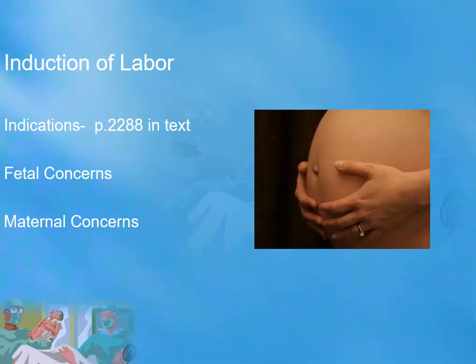Maternal concerns, same thing. You don't want to induce mom too early and worry about her baby having that lung maturity. And if you do it too early and that cervix is truly not ripened or ready to dilate, then you could set her up for a C-section. On the other hand, especially with our diabetic moms that give birth to very large babies, you don't want to wait.